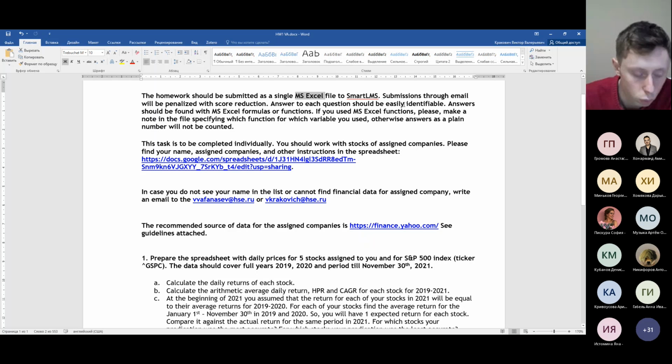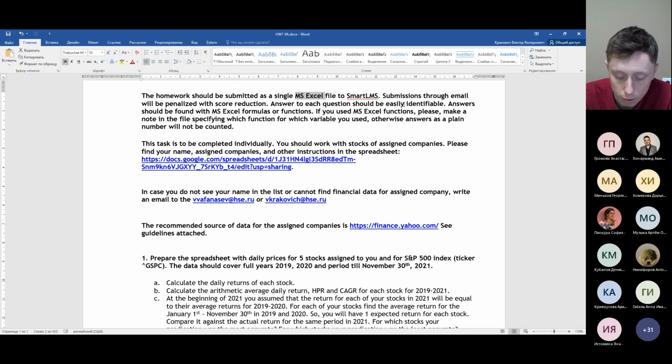The assignments would be to estimate the risk and return of a stock portfolio. So far, not everything is clear to you about how to do it, because we will discuss it in several classes until the end of this module.